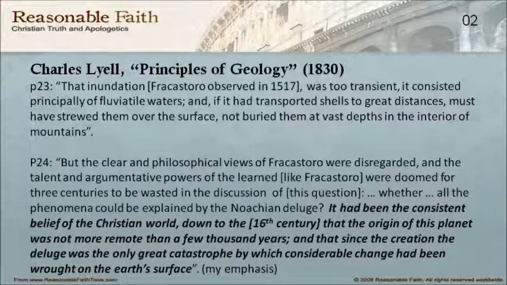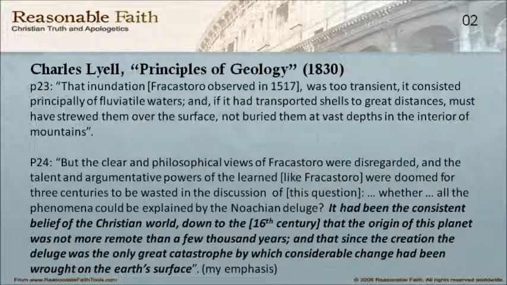And on page 24 in his book, he goes on to say this: "The clear and philosophical views of Fracastoro were disregarded, and the talent and argumentative powers of the learned, like Fracastoro, were doomed for three centuries to be wasted in the discussion of this question: whether all the phenomena could be explained by the Noachian deluge.